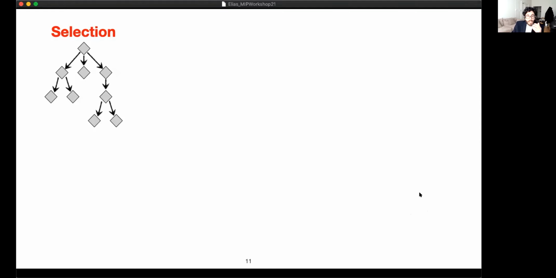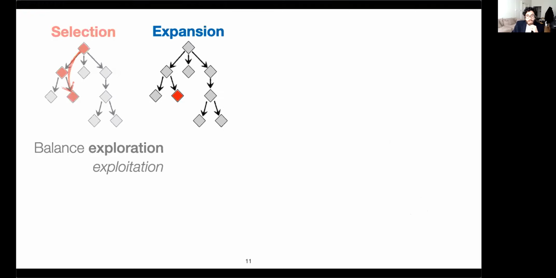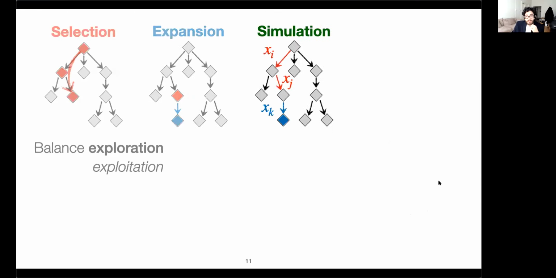So the overall procedure looks like this. At any point in time, you have this Monte Carlo tree. You traverse the tree from the root to one of the leaf nodes, and you should do so balancing exploration and exploitation. You shouldn't keep hammering on the same node if it's giving you bad rewards, and you should diversify. You get to a node, and you might expand it by creating a new child of it.